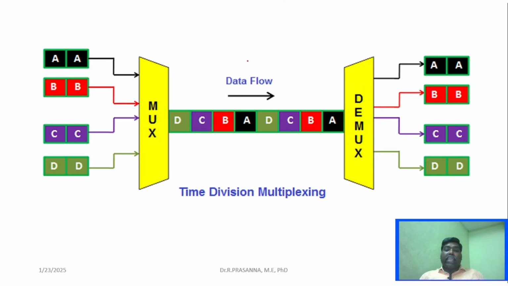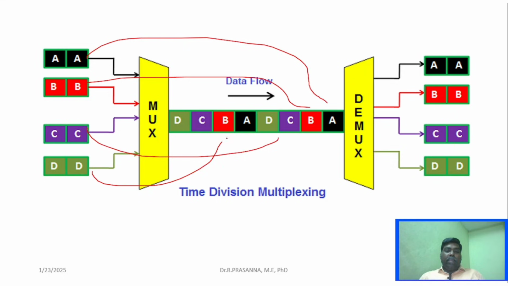And what is time division multiplexing? Here, there are no frequency slots. You will have time slots, right? So you can see you have different users here. First, the first user will send one particular message, and then the second user, then the third user, then the fourth user, and again the first user, which means each and every user will have its own time slot. Only in that time slot can they transmit, right?